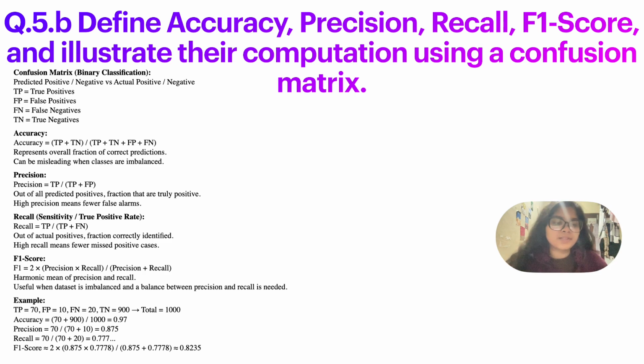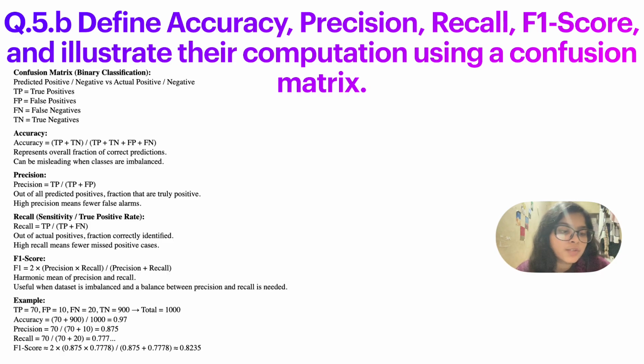Recall is also known as sensitivity or true positive rate. Here, it's about the fraction of actual positives correctly identified. So it's true positive divided by true positive plus false negative. High recall means fewer missed positive cases, and missed positive cases can be expensive.